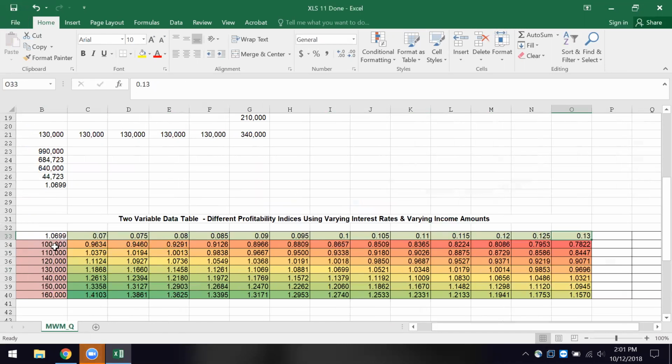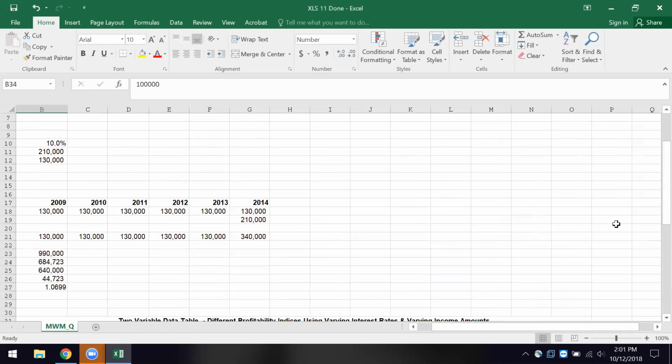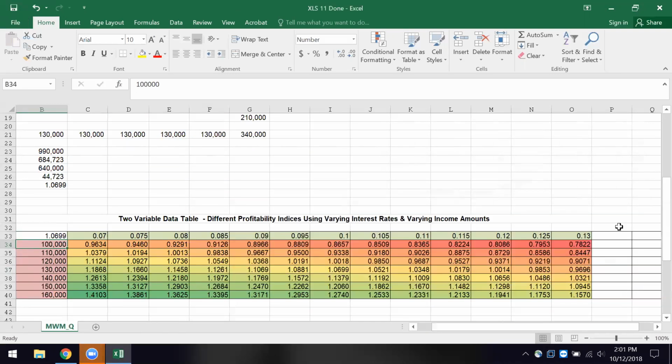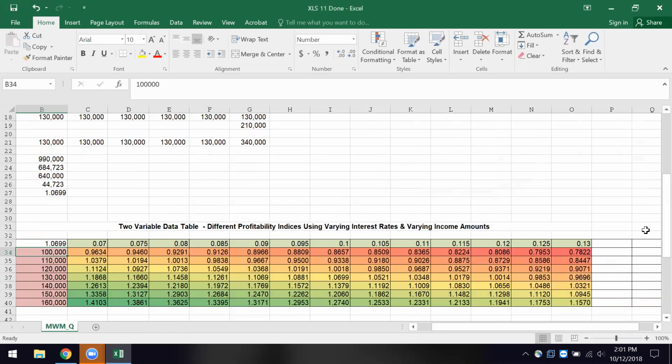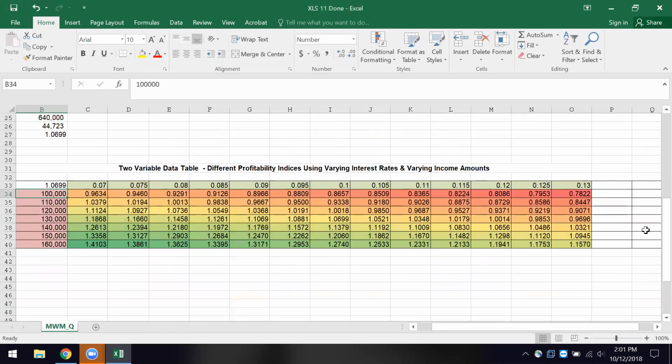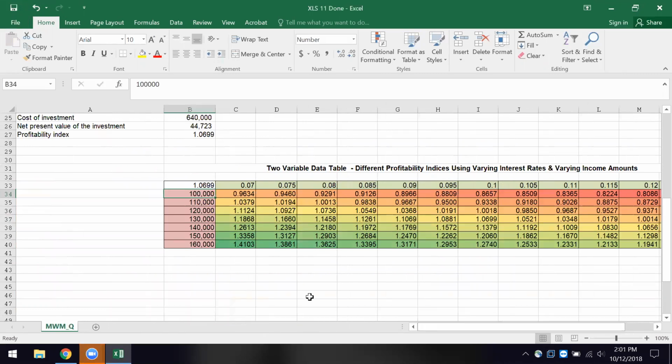And then right below here, I call this kind of the hinge of the data table. Then here, I said, okay, the amount of annual income that I'm going to get, the annual net cash flow.